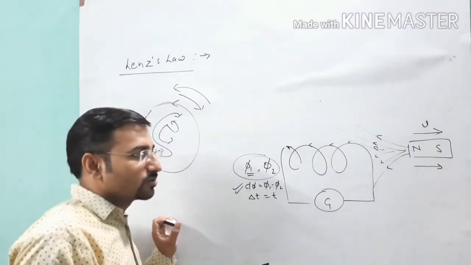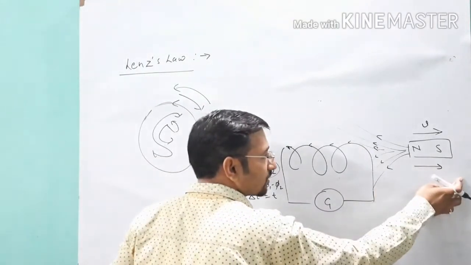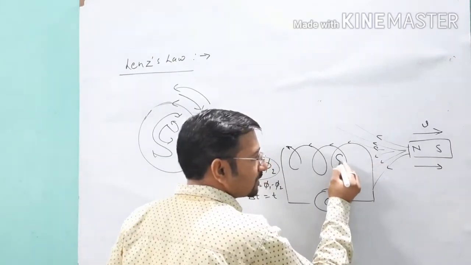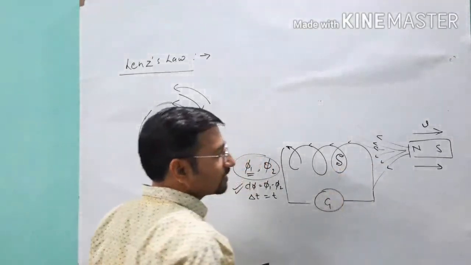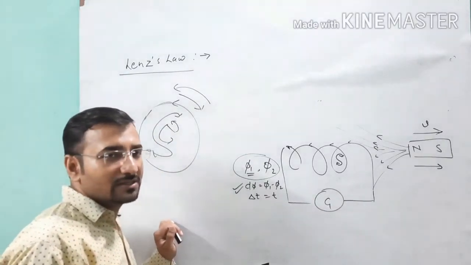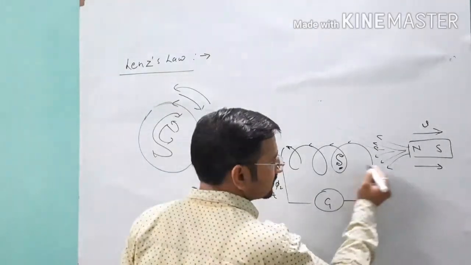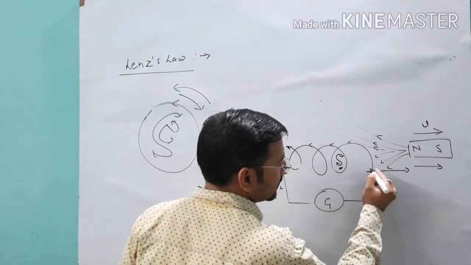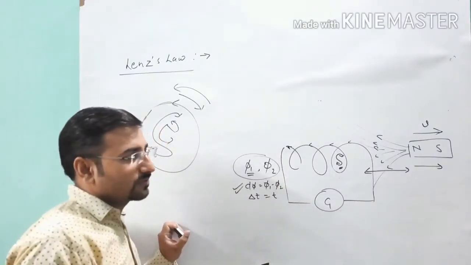So the direction will be such that a south pole is formed in the face closer to the north pole, and it provides the necessary traction force which opposes the motion of the magnet.